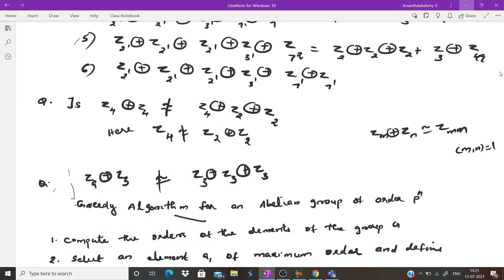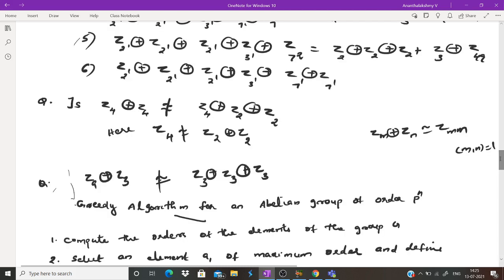Hello everyone. Today in class we will be discussing the greedy algorithm for an abelian group.